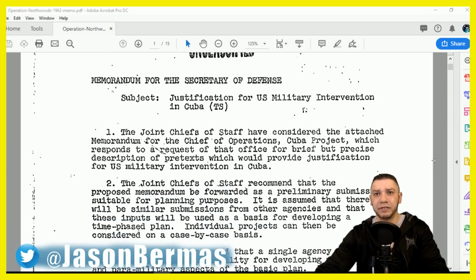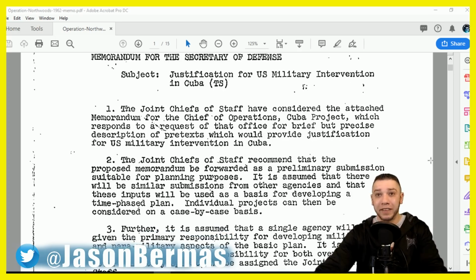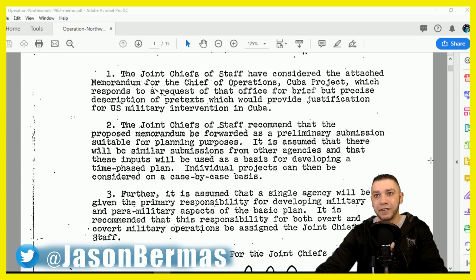Memorandum for the Secretary of Defense, subject: justification for U.S. military intervention in Cuba. Oh, we have to justify that, baby. Number one, the Joint Chiefs of Staff have considered the attached memorandum for the Chief of Operations, Cuba project, which responds to a request of that office for a brief but precise description of pretexts. Pretexts. Now, what do we do here?